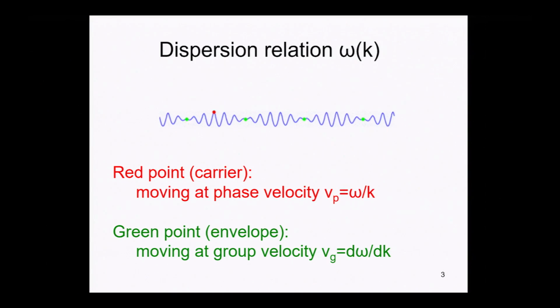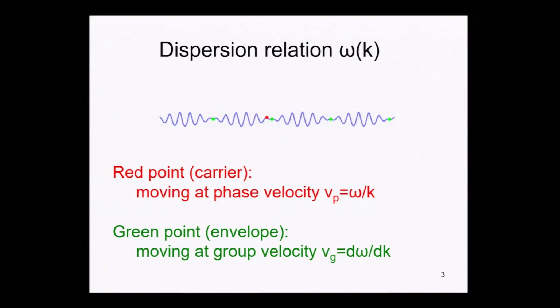You can see that the envelope can move at a different speed, which depends on the dispersion relation omega as a function of k in this system. We call the speed of this envelope, which we construct from these two overlapping traveling waves, the group velocity. The definition of group velocity is Vg equal to d omega dk.